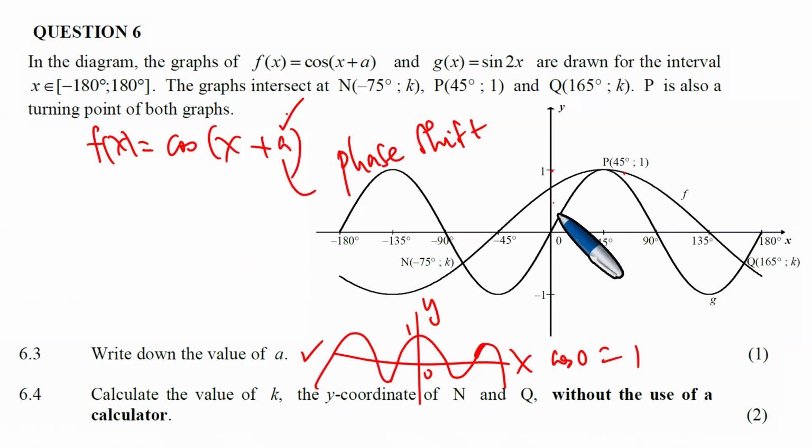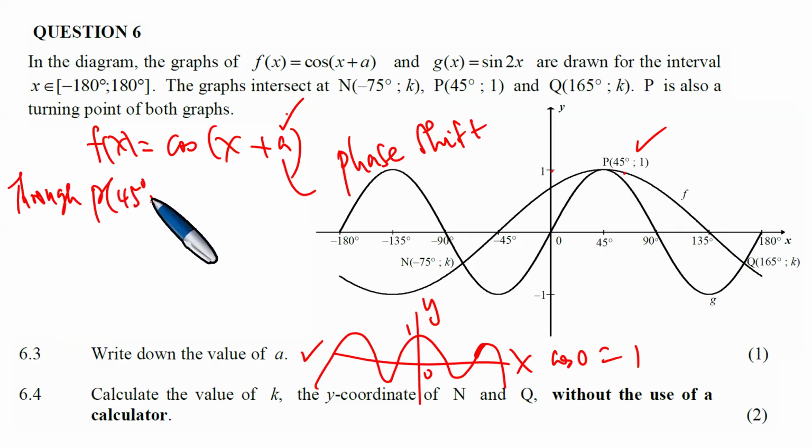You can also take a point and calculate the value of a. The graphs of f and g pass through the point P, and P has those coordinates. You can take a point and substitute. Through P, P is 45 degrees, 1. So y is 1 and x is 45 degrees plus a.